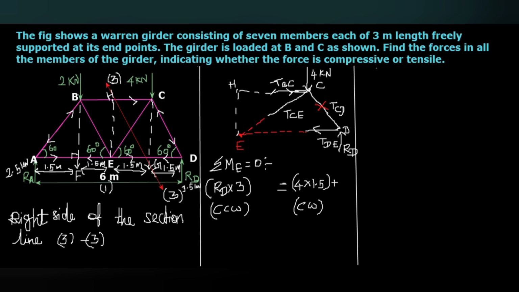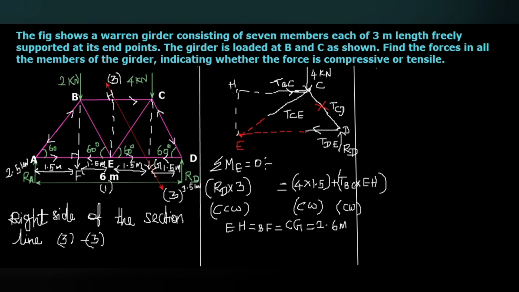So EH multiplied with TBC. Here we know the value of EH already. This is also clockwise. Symmetrically, EH is equal to BF or CG, and that value is 2.6 meter.